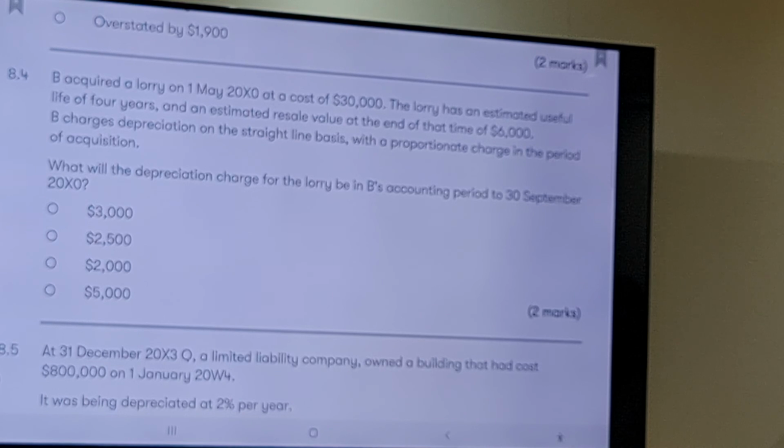May, June, July, August, September. Yeah, second is there. Now the cost minus scrap value, exactly, divided by 4. First step. Then this equals depreciation.